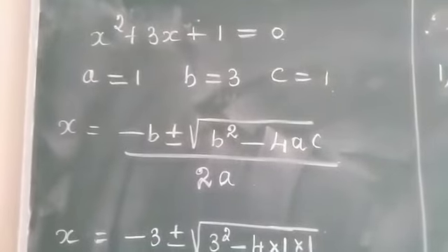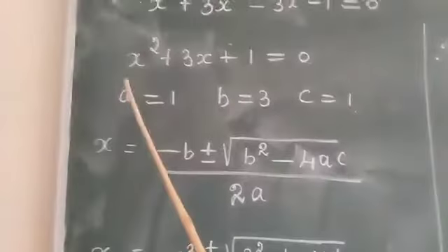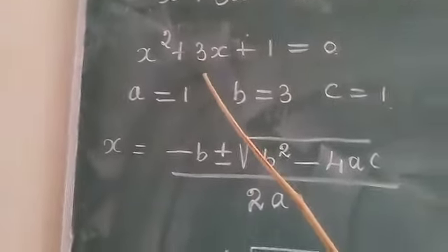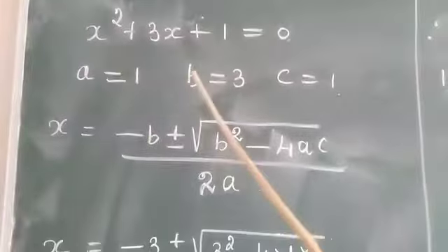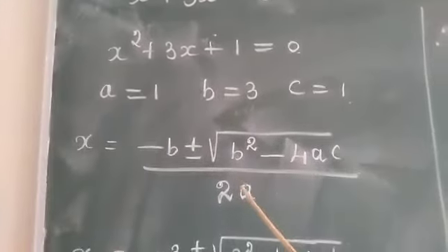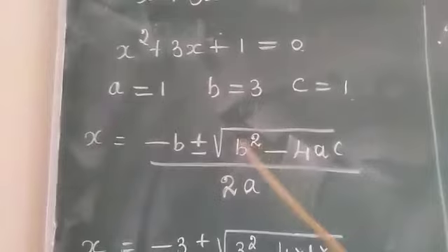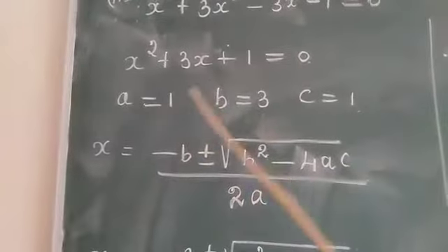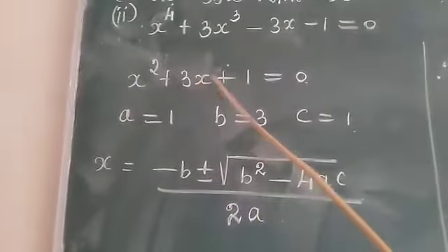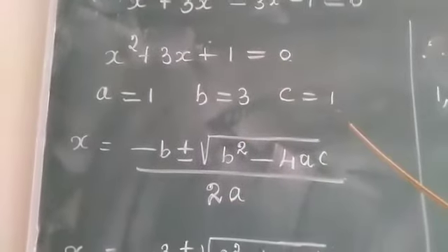Now to factorize this equation, the product is 1 and the sum is 3. So we cannot go for the factor method to factorize this quadratic equation. So we are going to use the formula. From the equation we find the values of a, b, c. The value of a is 1, the value of b is 3 and the value of c is 1.